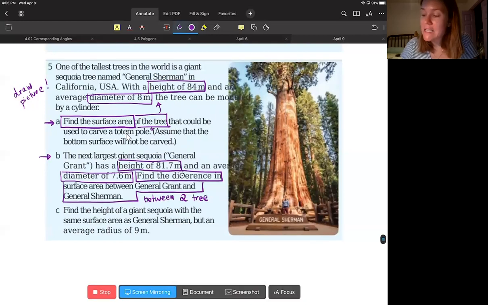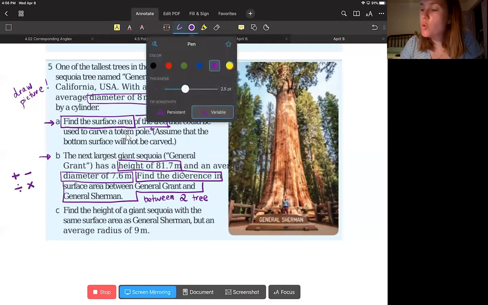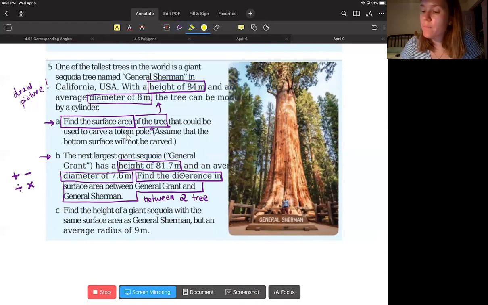So it's saying find the difference. When we're looking for the difference, which one is it that we're looking for? Addition, subtraction, multiplication, or division? Subtraction.